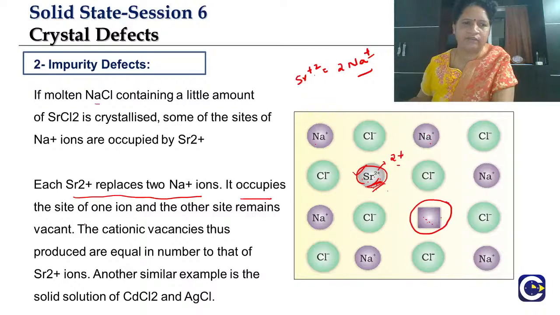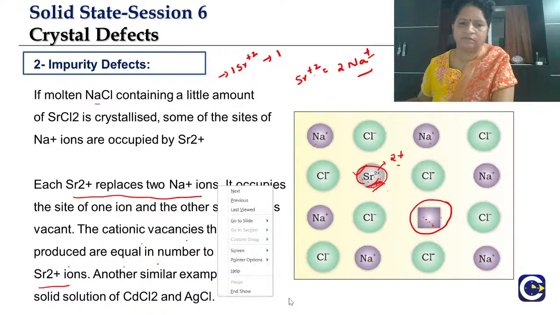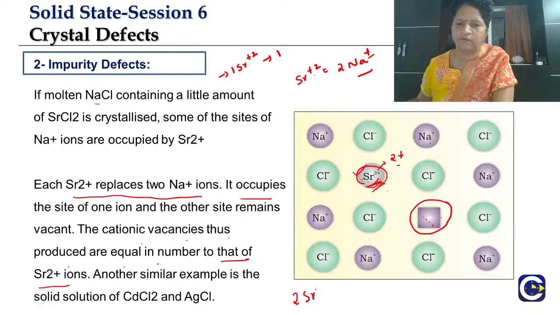It occupies the site of one of the ions and the other site remains vacant. The cationic vacancies thus produced are equal to the number of strontium ions. What do we understand? If one strontium ion is added, one cationic vacancy is created. If 2 strontium ions are added, it results in 2 cationic vacancies.